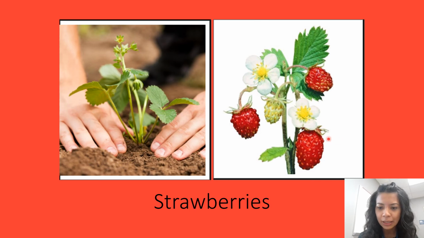On the other side, we see that the strawberries are already starting to grow. We have 2 flowers on the plant, and the leaves are also on this plant. If we were to compare these two, the leaves have the same shape and they're both flat. So we're able to match these two together.